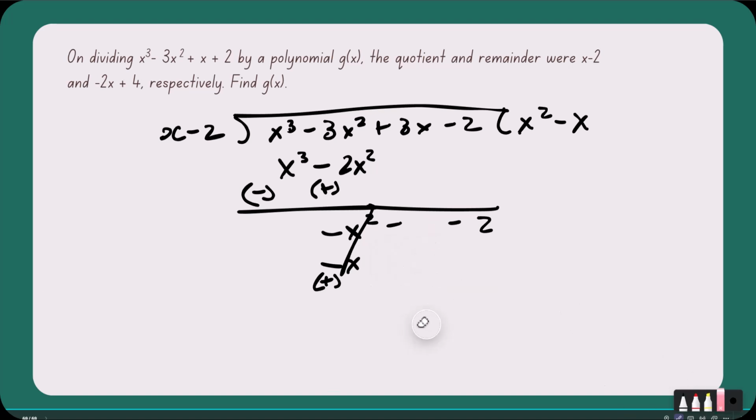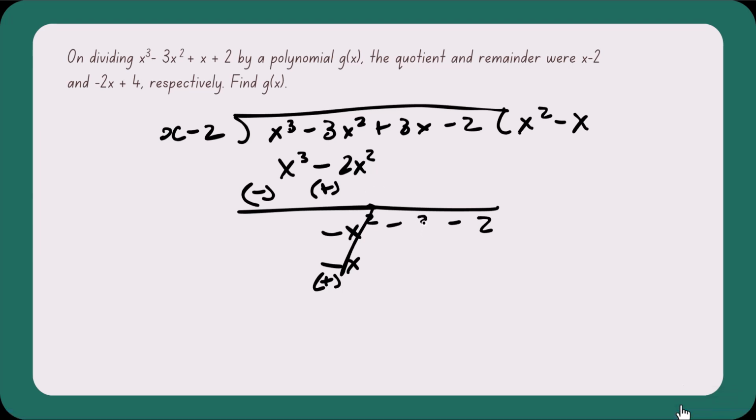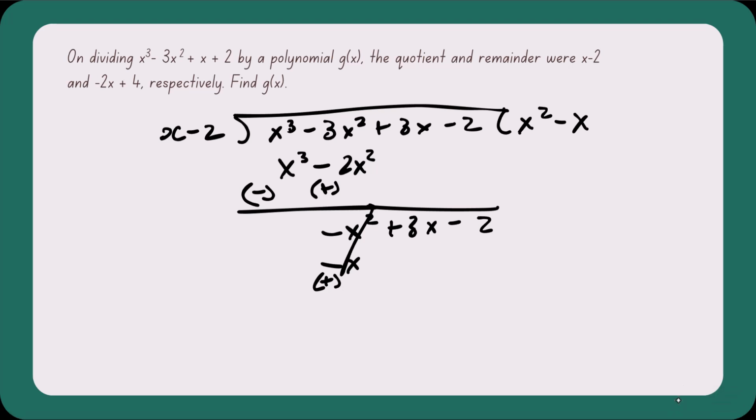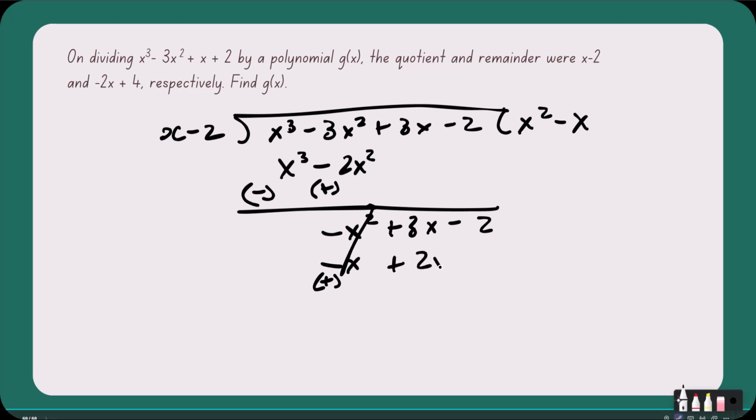This sign is wrong, so it will become plus 3x and minus 2. Now we multiply minus x with minus 2, so it will become plus 2x. That was the mistake, okay? It was plus 2x. So subtract it. What happens? It will become x minus 2, okay? Now we got x minus 2.